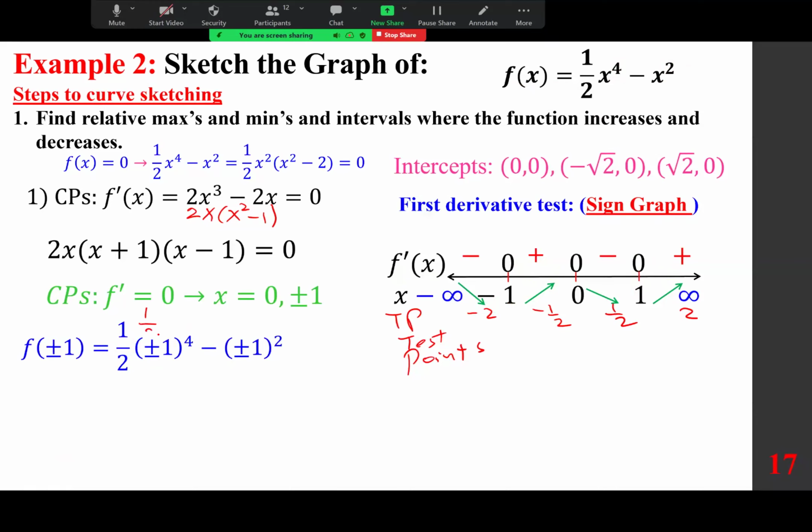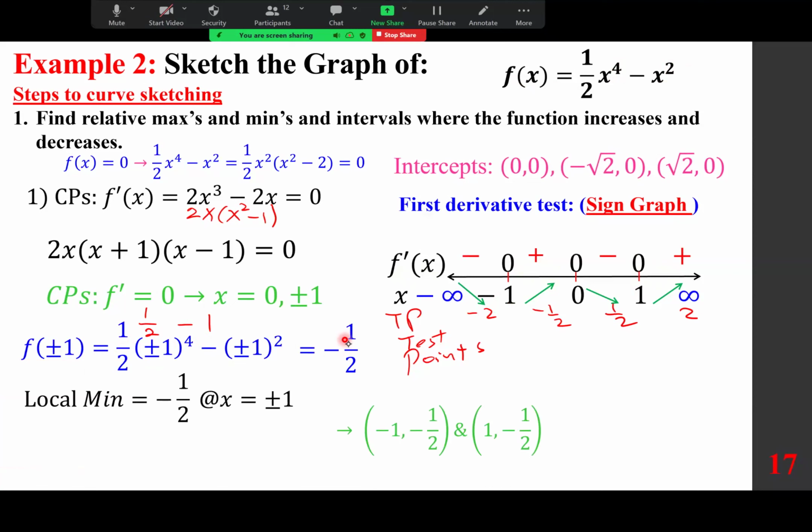Therefore, this is 1/2 minus 1, which makes it negative 1/2. And we say the local minimum is negative 1/2 at plus minus 1, meaning we have the following pairs: (negative 1, negative 1/2) and (positive 1, negative 1/2).